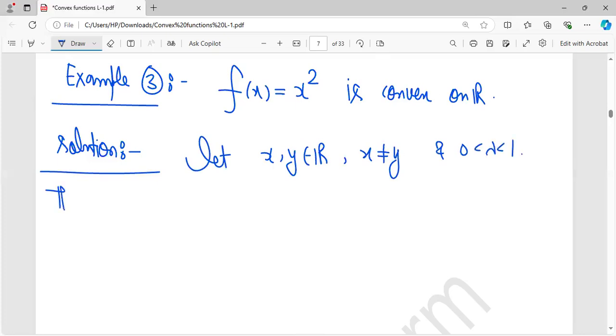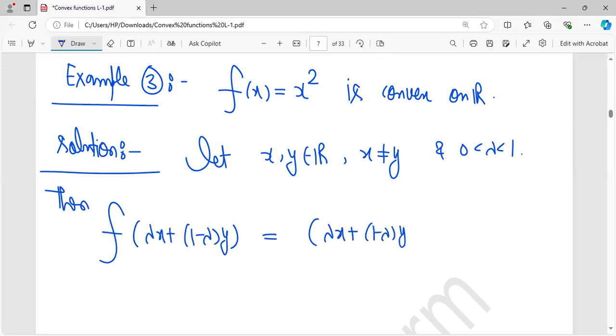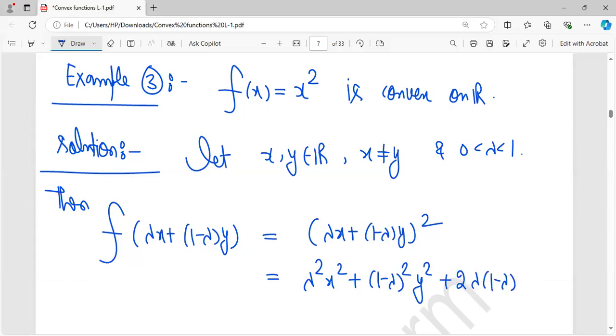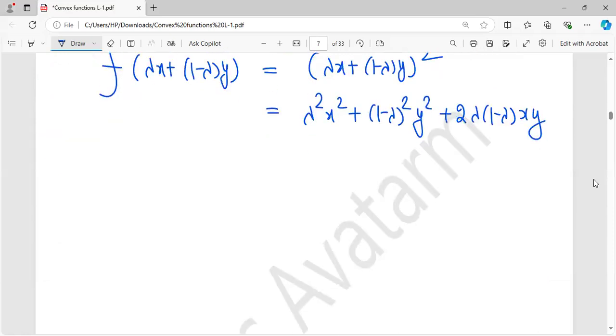Okay. Then f(lambda x + (1 - lambda) y) is equal to (lambda x + (1 - lambda) y) whole square, that is lambda square x square, and that is (1 - lambda) square y square, and that is 2 lambda (1 - lambda) xy. Okay. So this is equation number 1.